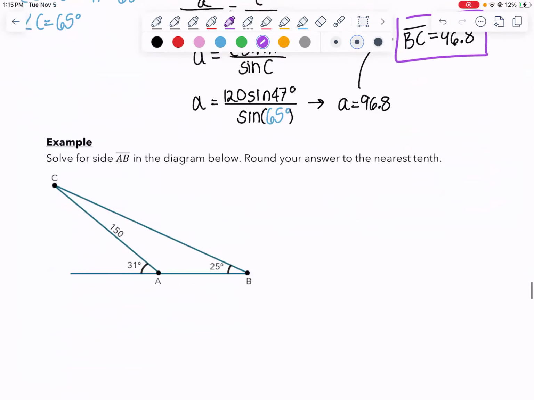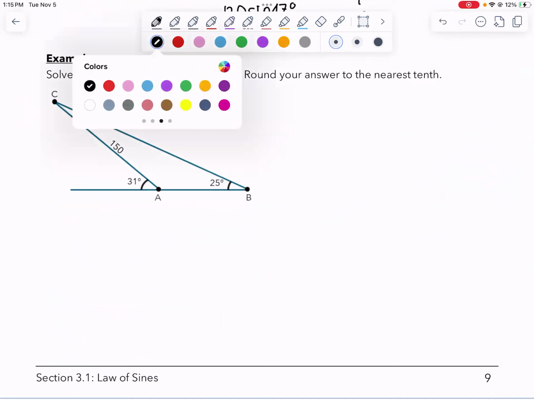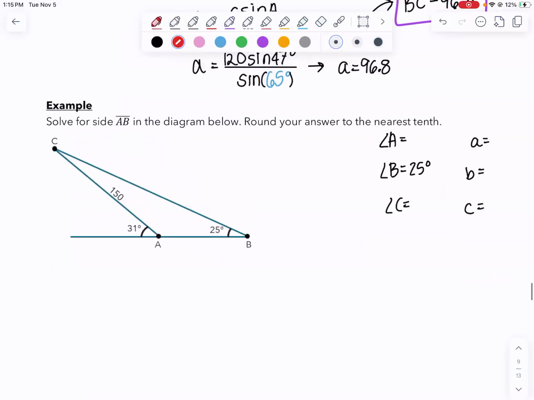All right. For this last one down here, once again, I like to start my whole process off with angle A, angle B, angle C, side A, side B, side C. Start yourself off with success. Angle B is 25 degrees. I'm going to label these opposite sides.